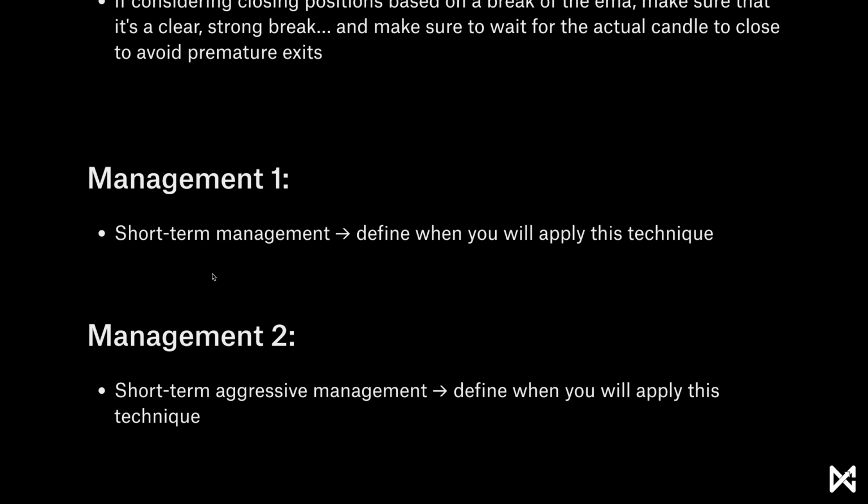But the one thing that you can add to this is an if-then statement, such as, I will start off with management one. So every single time you take a hybrid position, you start off with management one, short-term management, right? If this happens, I will switch to management two. Whatever this is, that's what you've got to figure out for yourself.